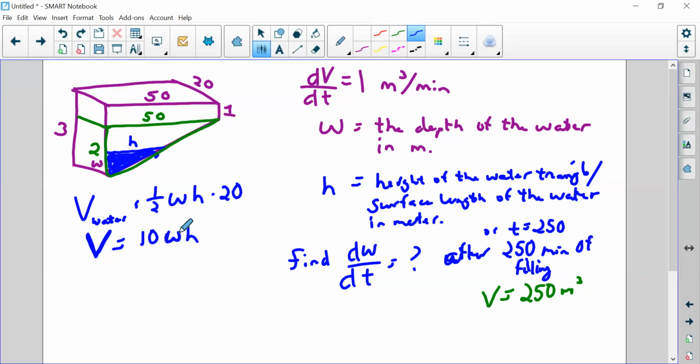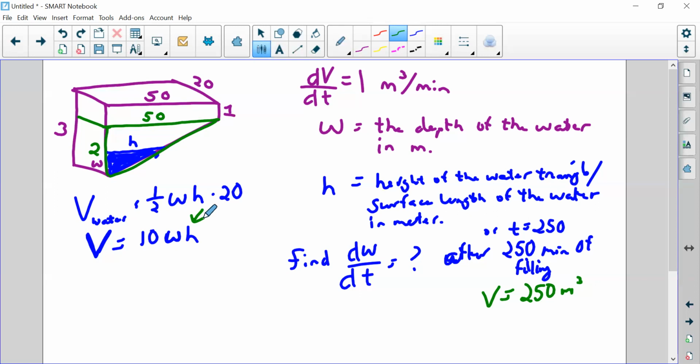So H here is our problem type. Before I differentiate, I want to get rid of that H variable, and I want H to be written in terms of W, because I only want V and W. So is there any way I can relate H and W together? Similar triangles. You've got to do similar triangles again.